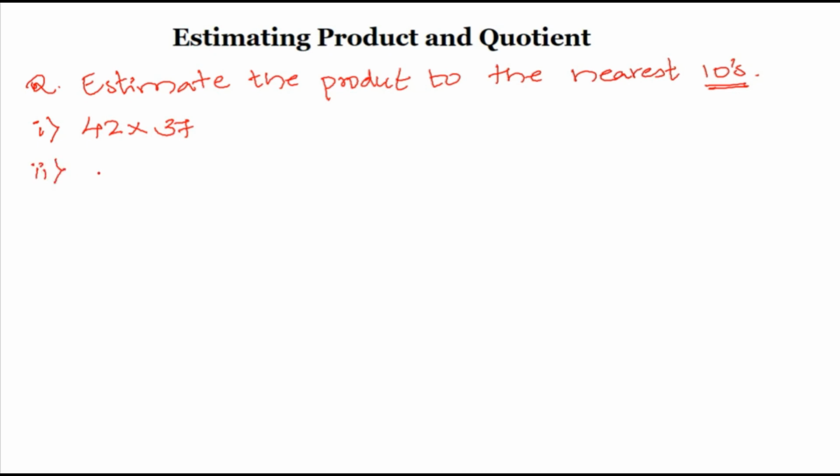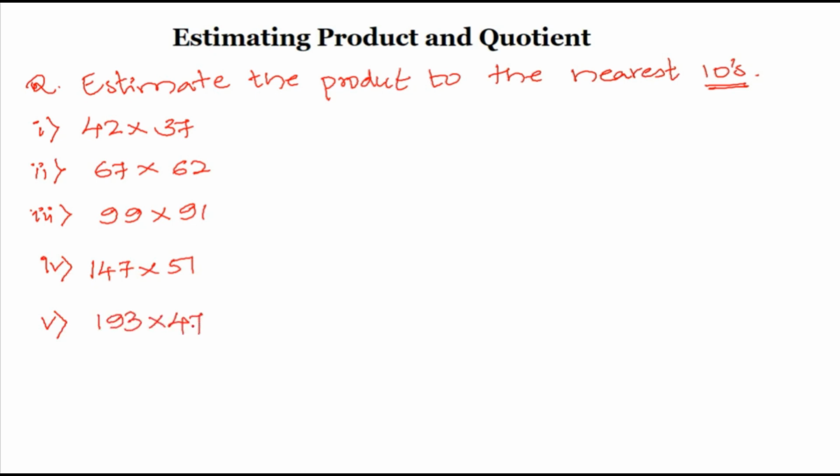Second one, 67 multiplied by 62. Third one, 99 multiplied by 91. Fourth one, 147 multiplied by 51. And the fifth one, 193 multiplied by 47. Let us see how to round off and what will be the product.